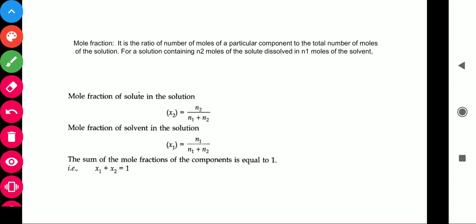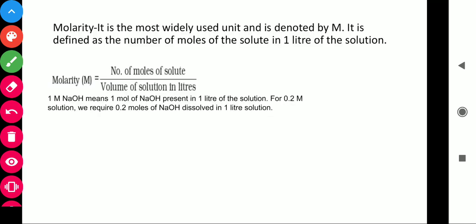Now, how can we express the concentration in other ways? One is molarity and the other is molality. Let's discuss molarity. What is molarity? Molarity is denoted by capital M, and it is the moles of solute divided by volume of solution in liter.